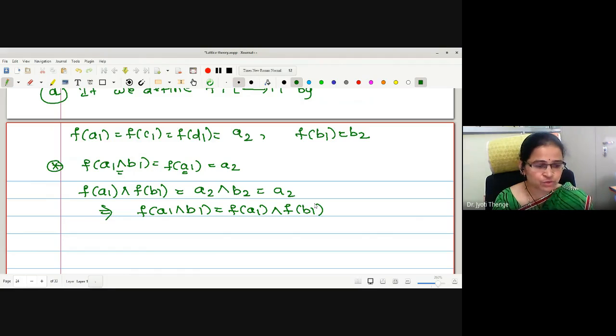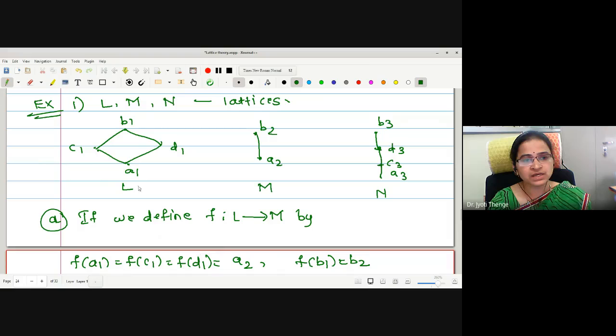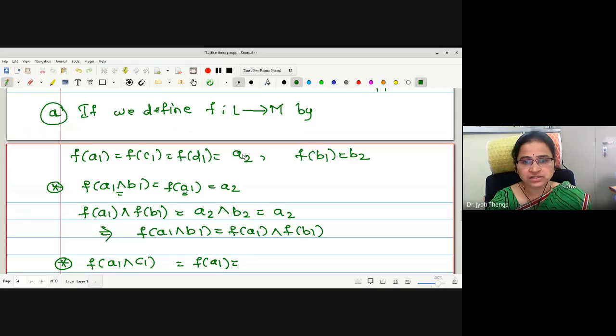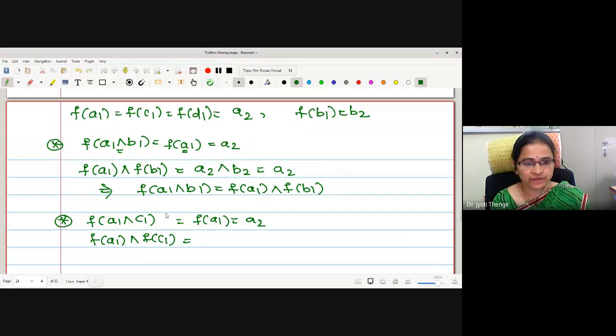Likewise, how many pairs do we have? Many pairs. Let us check one more pair, A1 and C1. Let me check f of A1 meet C1 against f of A1 meet f of C1. What is A1 meet C1? The lower bound, A1. So we write f of A1, which is A2. Now f of A1 is A2, meet with f of C1, which is A2 again.